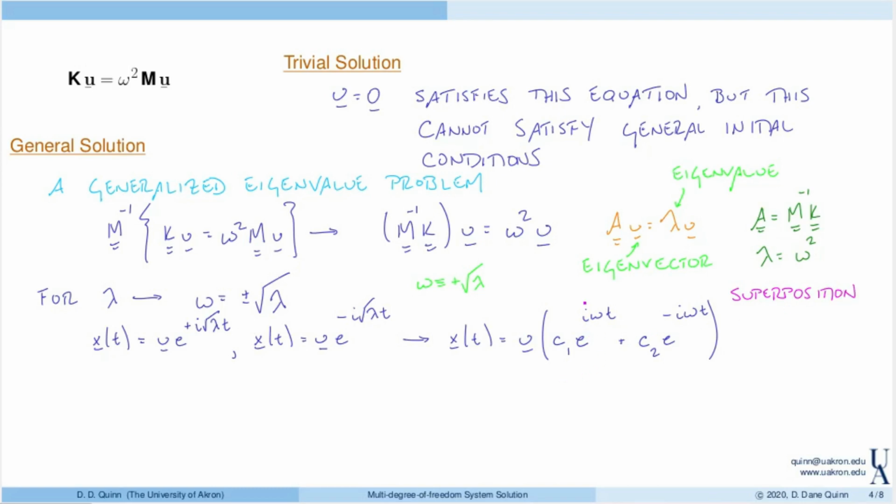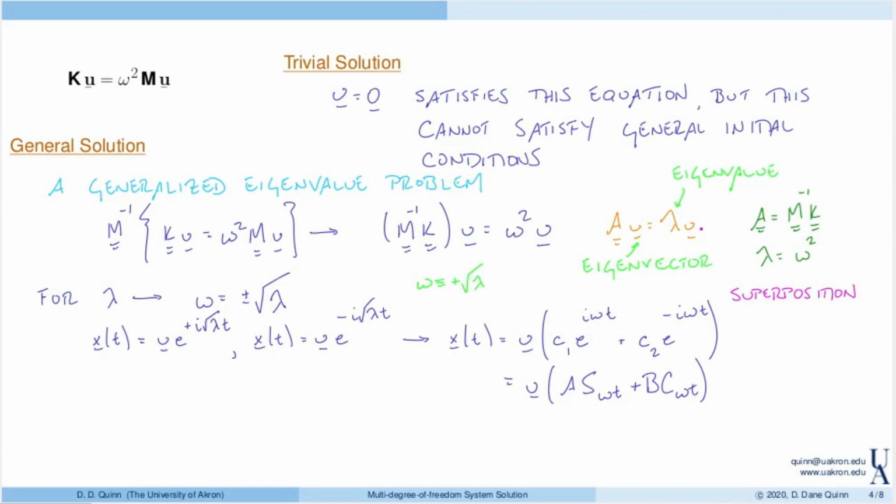But we don't really like exponentials with complex or even imaginary exponents. We'd much rather use Euler's identity and write this in terms of sines and cosines, right? So we can show that this reduces to a sine omega t plus b cosine omega t.